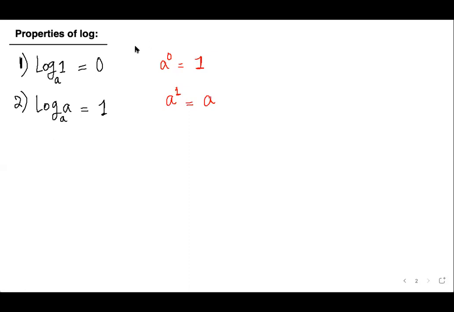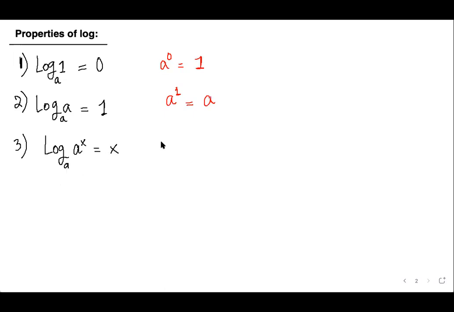Property number 3. The logarithm of a to the power x with the base a is always equal to x. Why?